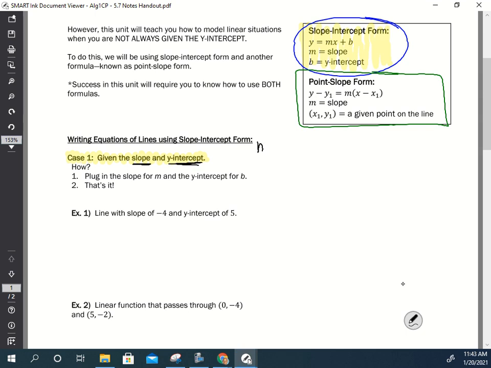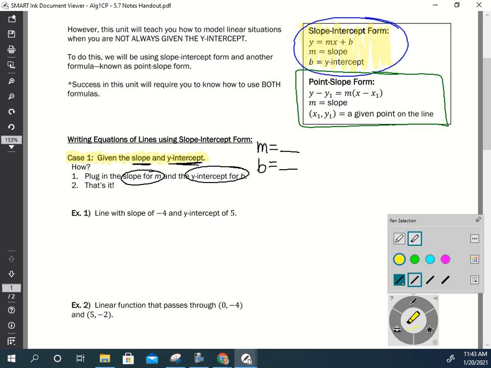So you are told what m is equal to, and you are told what b is equal to. This is the easy case. You plug in the slope for m and the y-intercept for b, and then that's it.